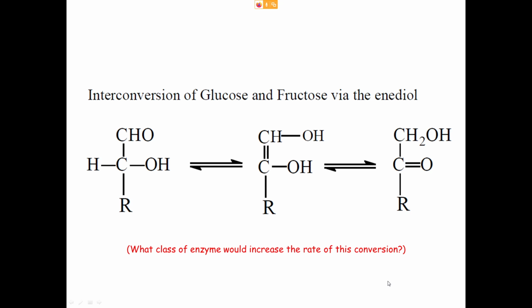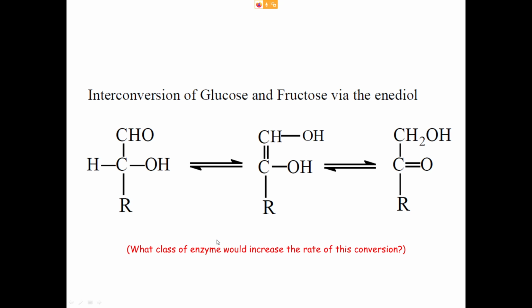There is an intermediate between the two. In glucose to fructose or fructose to glucose conversion, we have what's called an enediol in between, because what happens is the carbon-carbon interaction here gets a double bond, and the carbon bonds to each of its oxygens are single bonded.